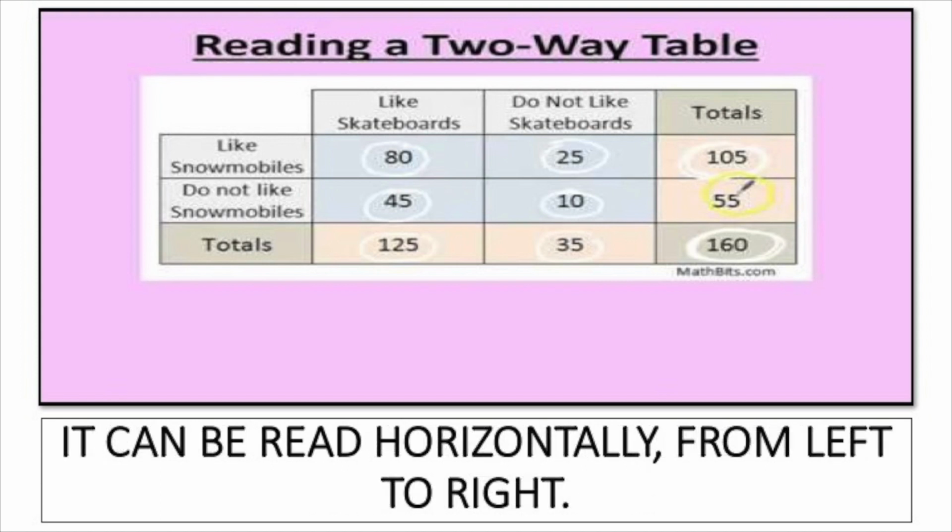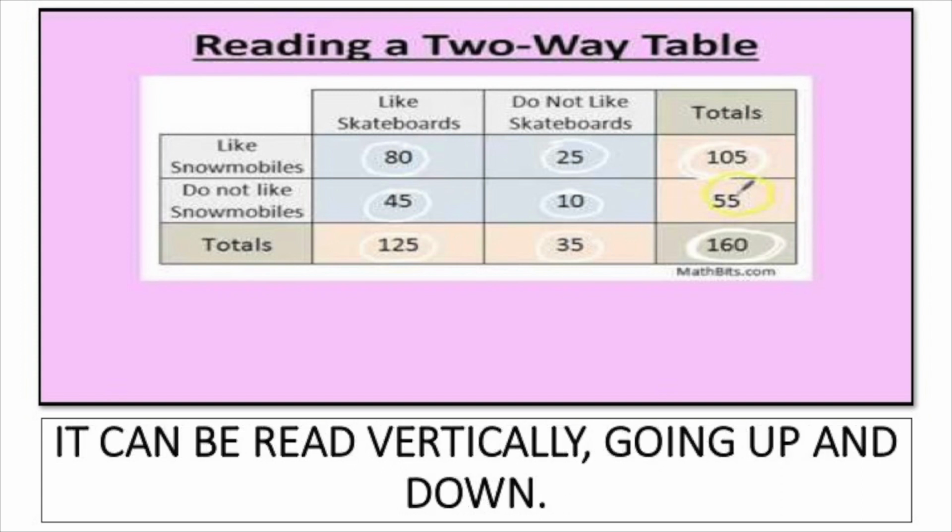It can be read horizontally, from left to right. Horizontally means going across. Or it can be read vertically, going up and down. So the two-way tables mean reading two ways.